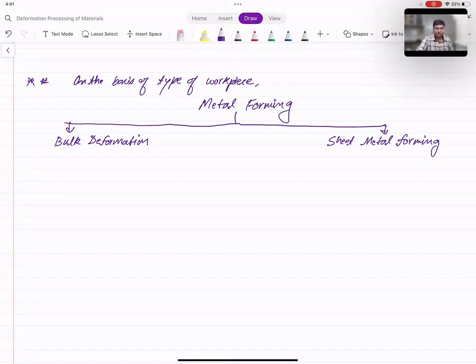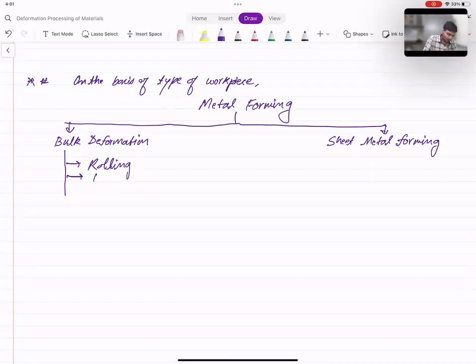So the bulk deformation can be classified as rolling, because these operations are done onto a bulk sample like bloom, billet, etc. So the entire bulk is deformed.